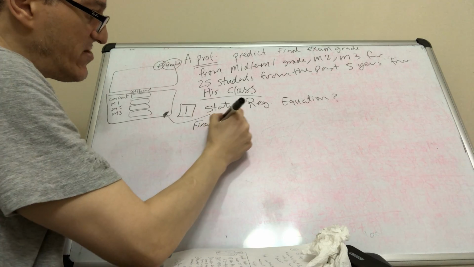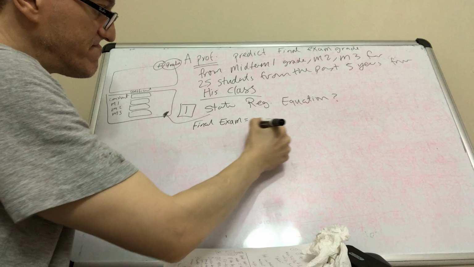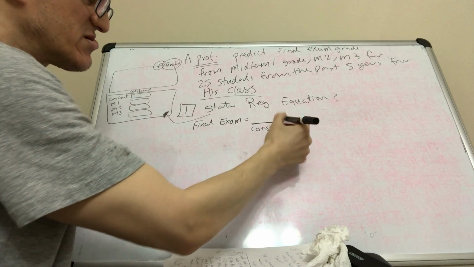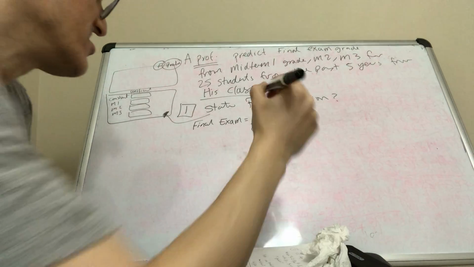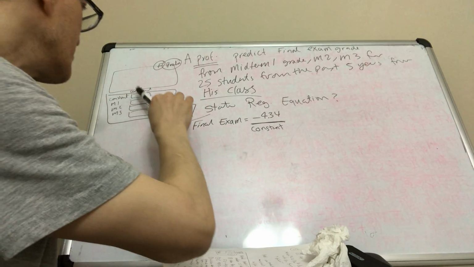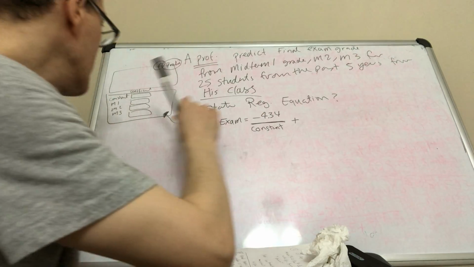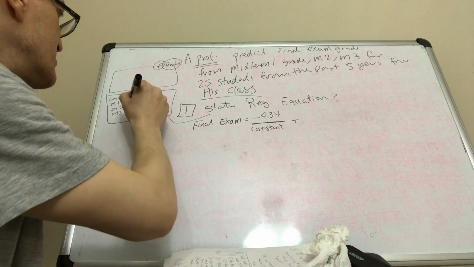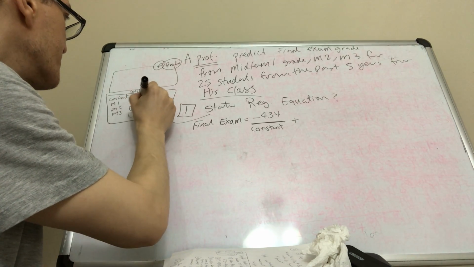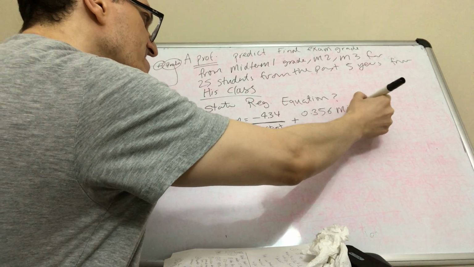Then you say, final exam, here you put whatever the number next to the constant is, minus 434. So that was the first number here. Plus, then you put the number next to mid 1, and it was 0.356, mid 1.